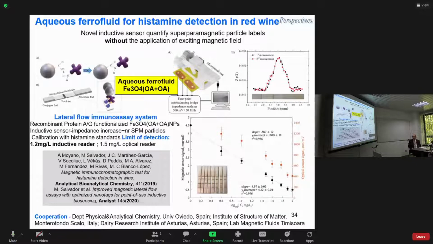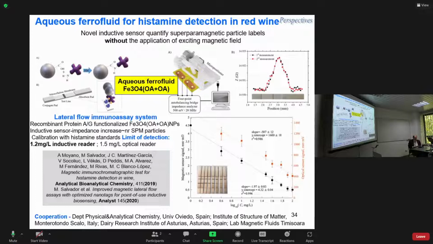Another one uses a water-based ferrofluid for histamine detection in red wine. I think it's a good idea for today, maybe even for tomorrow, to detect histamine in a good red wine, which we suppose is good.